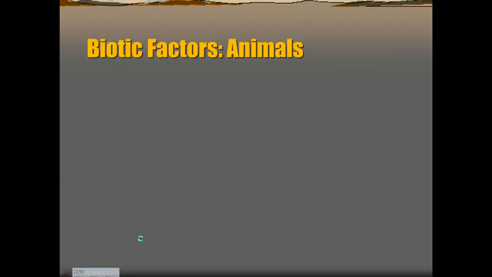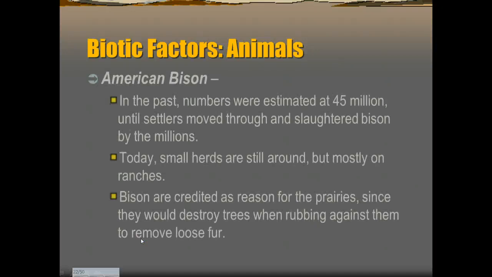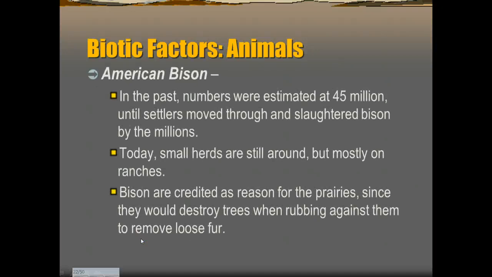Remember, we were looking at the biotic factors in the grassland. Of course, there are grasses, but now we're looking at the animals. They focus in on a couple here. They, of course, don't do everything in this slideshow. But they talk about, again, the prairie. We're not talking about the grasslands around the world. We're talking about the American prairie. And the American bison is probably the animal that has the best known reputation for traveling across the grasslands.